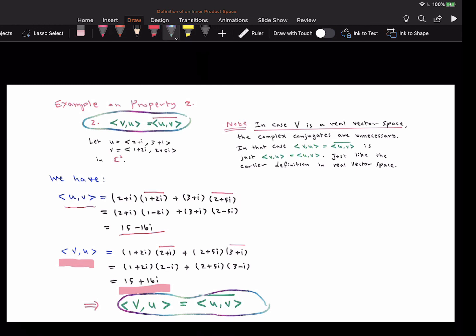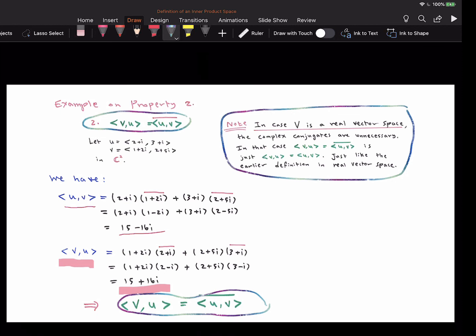What's interesting is, as you could see from here, in case V is a real vector space, the complex conjugates are unnecessary. In that case, the inner product of U and V equals its conjugate, so the inner product of V and U equals the inner product of U and V, just like the earlier definition for a real vector space.